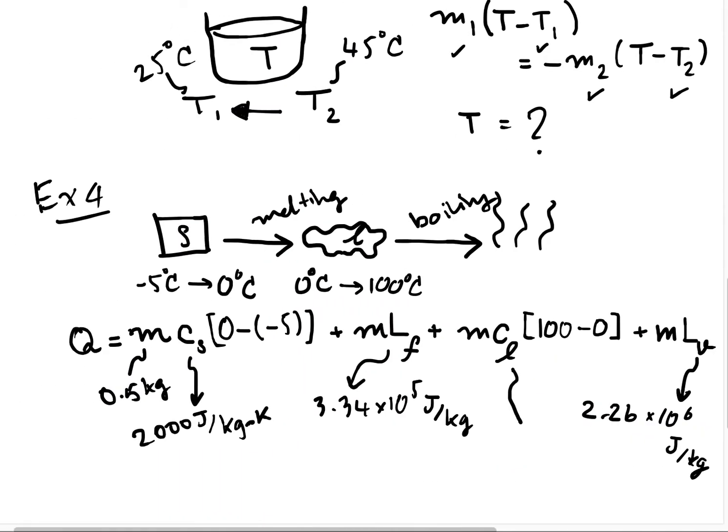And then of course the C, or the specific heat for the water, is 4,200 joules per kilogram per Kelvin.